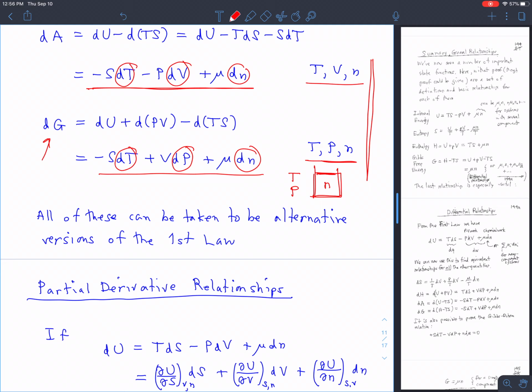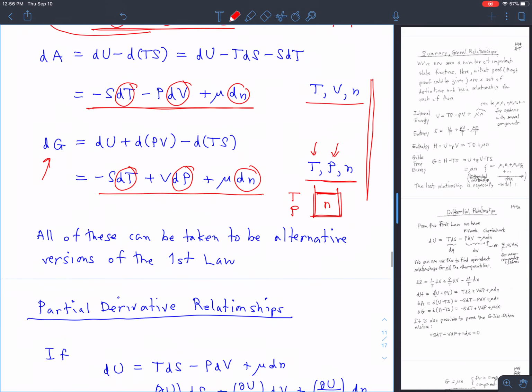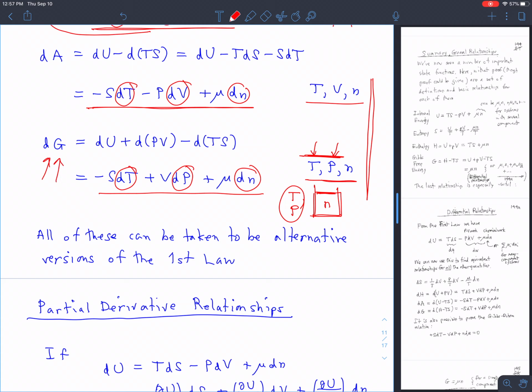Because the walls are impermeable. And there they are. Temperature and pressure are the two variables. So when you're working with Gibbs free energy for a constant temperature, constant pressure process, these two variables are going to be fixed by the baths. That's one of the reasons, or another way of seeing, that the Gibbs free energy is really a useful quantity when dealing with constant temperature, constant pressure processes.